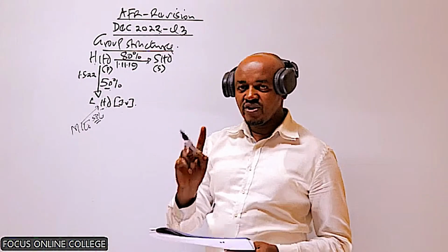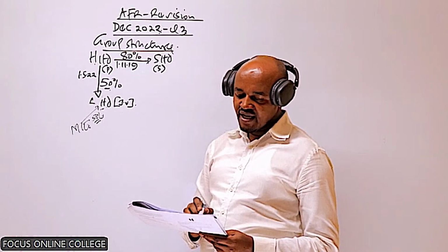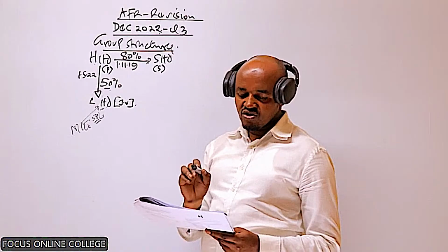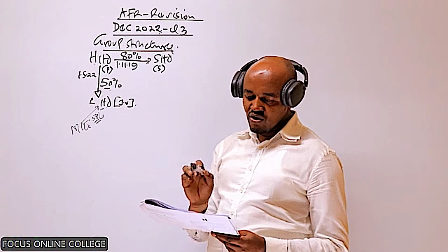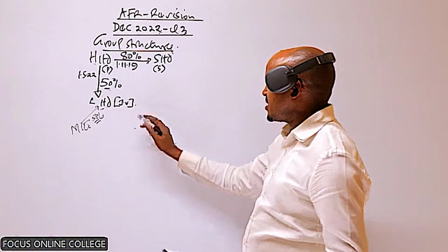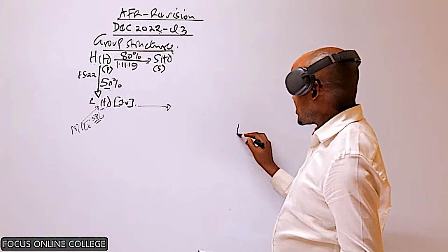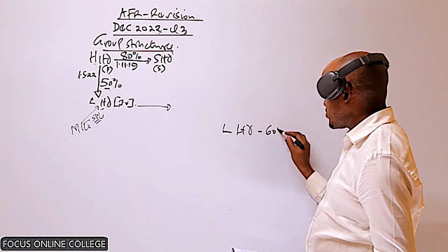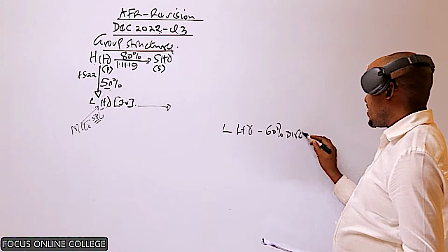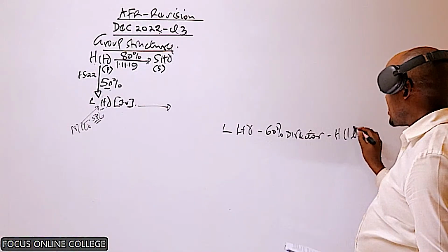But can we check what we are told in that last paragraph? We are told upon acquisition, H Limited had a contractual right to appoint 60% of the board of L. So it basically means that the majority of directors in L Limited, that is 60% of the directors of L, are appointed by H Limited.